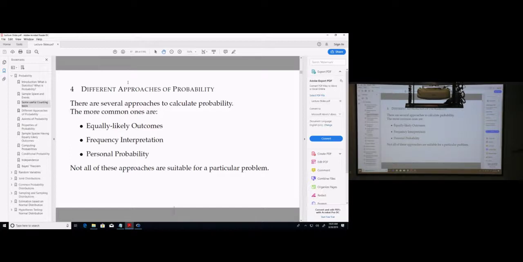And there are some situations in which you can calculate the probability using equally likely outcomes. We will do it in the birthday problem, which involves a little bit intricate calculations.